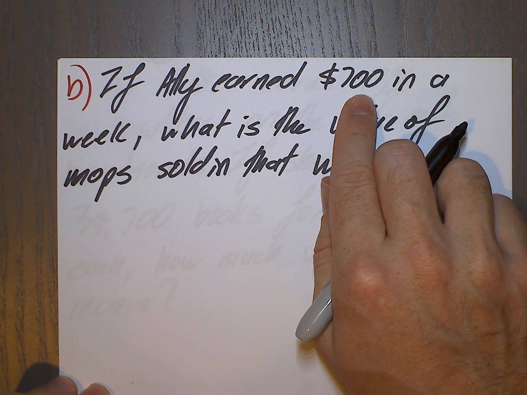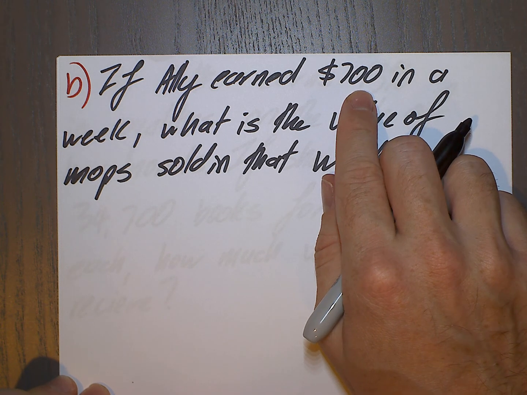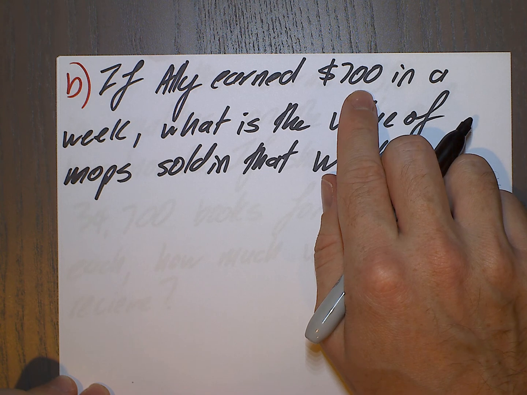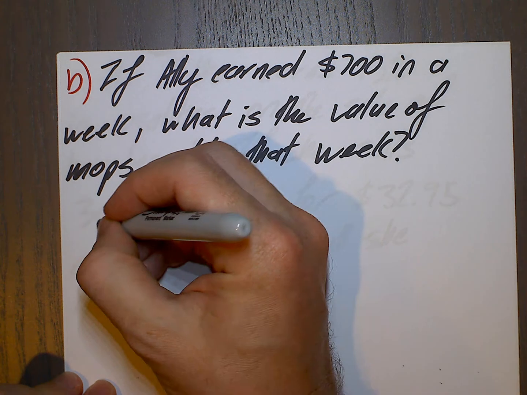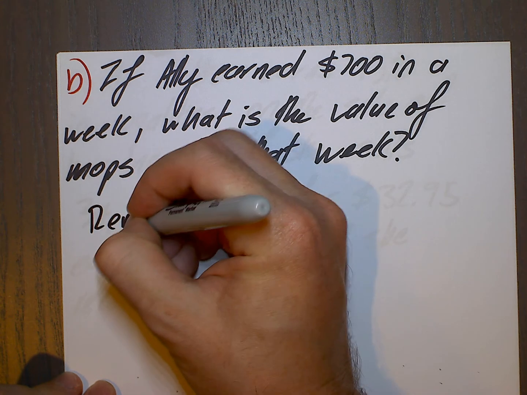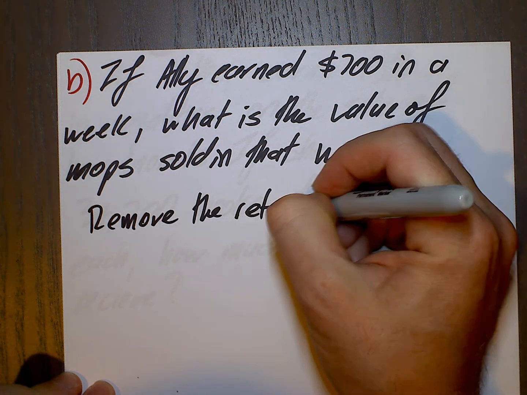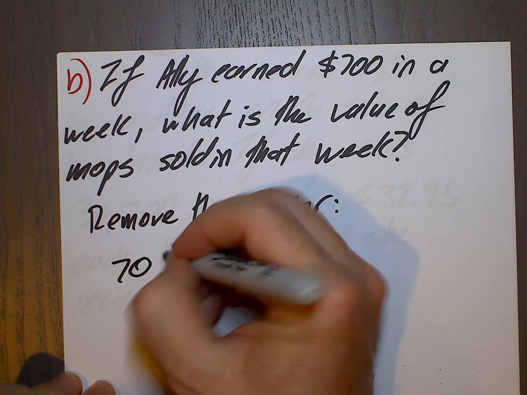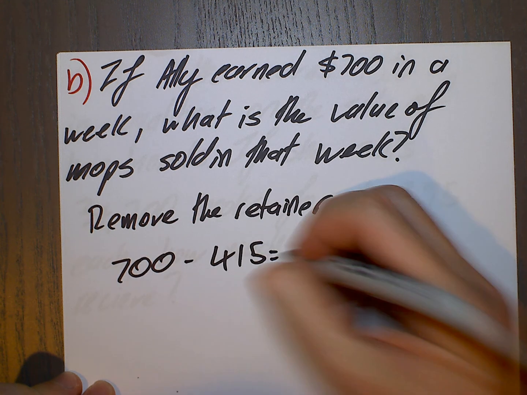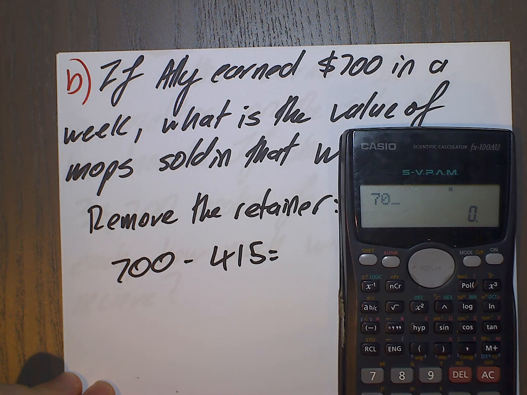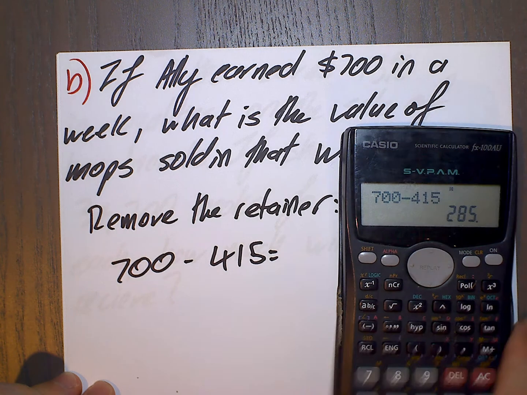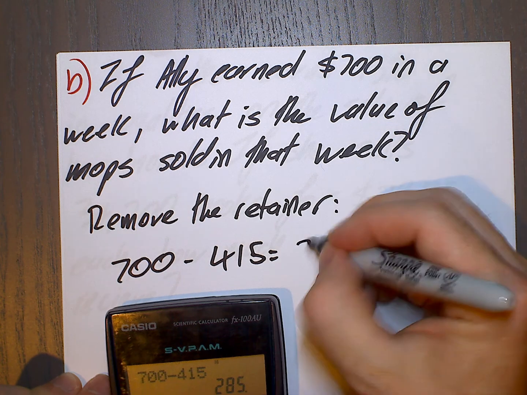Whatever's left over is 8.5% of what she sold. So let's start with this. Let's remove the retainer. So 700 minus 415. That gives us 285.